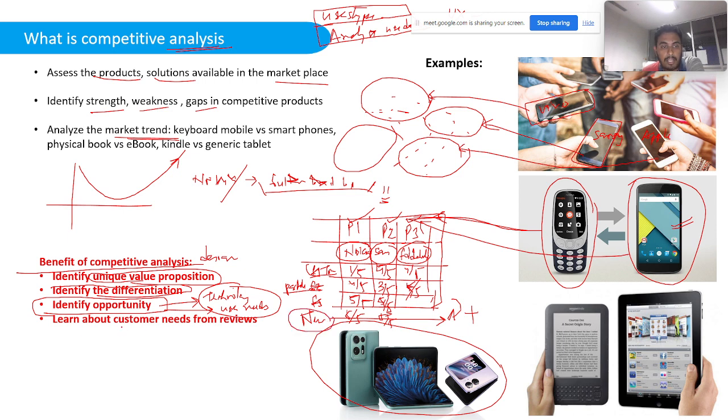Okay. So this is again the same, like we can learn about customer needs when we do competitive analysis. When you compare the products which are already there in the market space, we actually know what kind of features people are looking for.